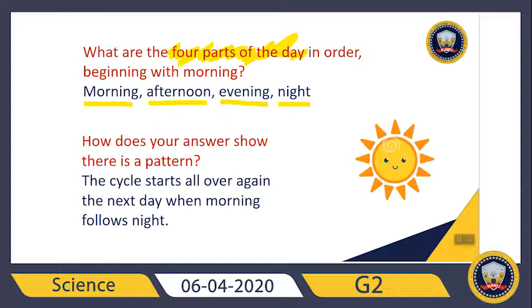Now we know the 4 parts of the day in order, starting from morning, afternoon, evening, and night. And now we know which part of the day is the coolest and the warmest. The warmest is the afternoon.